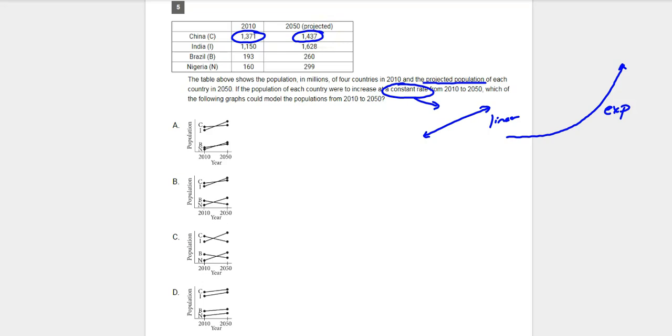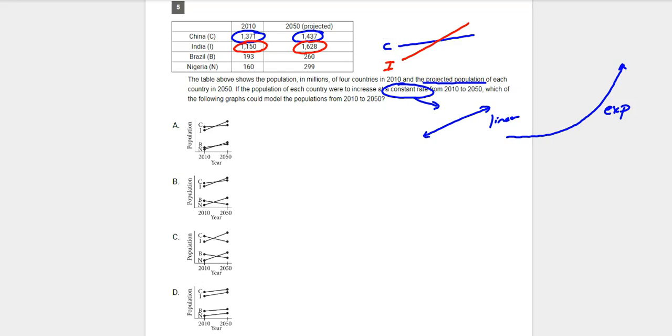So there's definitely an increase, but not a huge increase. If you compare that with India, India started lower at 1150 and it actually finished higher. So, visualizing this in my mind, China did grow, but India started lower and grew faster and grew to a higher amount. So I'm looking for an answer that has that going on.